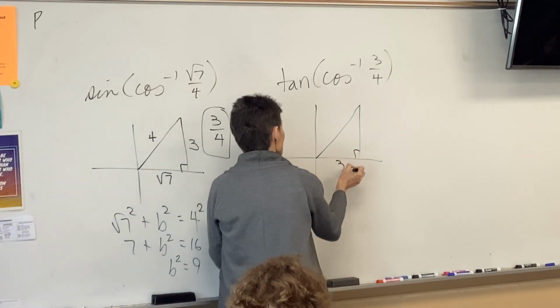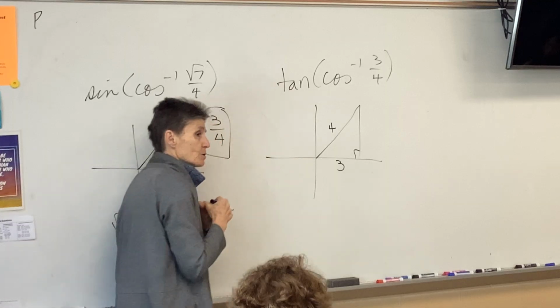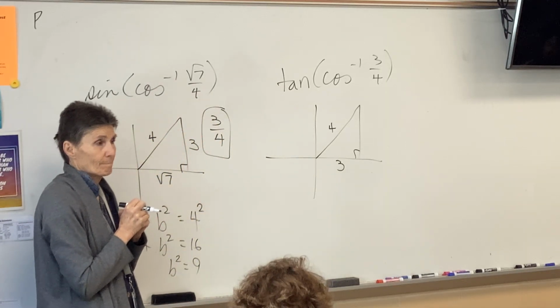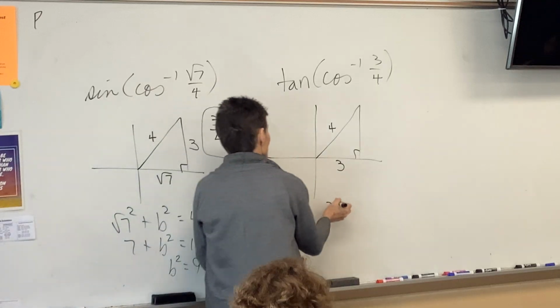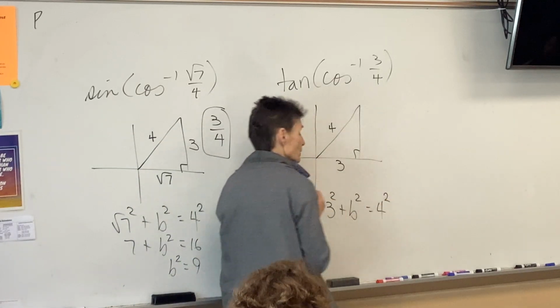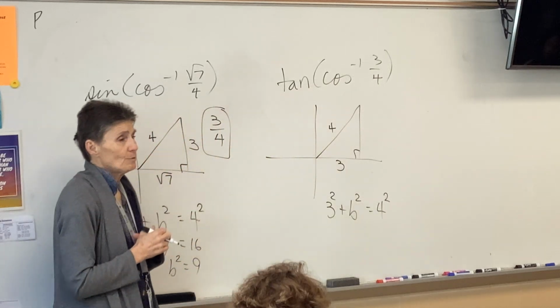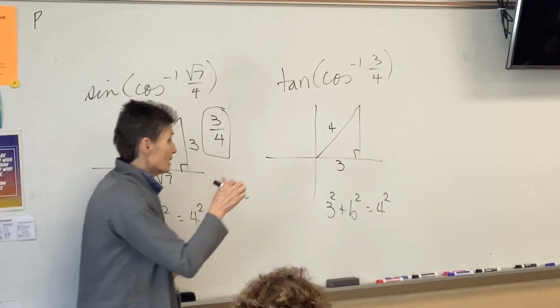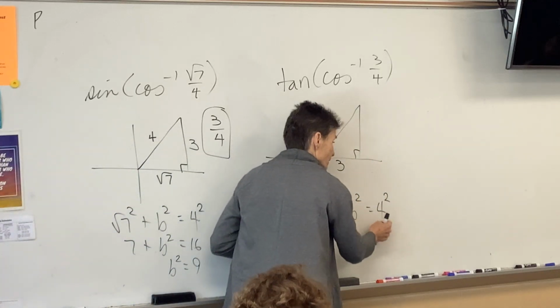Cosine is adjacent over hypotenuse, so 3/4. 3 squared plus b squared is 4 squared. Remember, when you do the Pythagorean theorem, and you do it a lot, this is the hypotenuse over here all by itself.